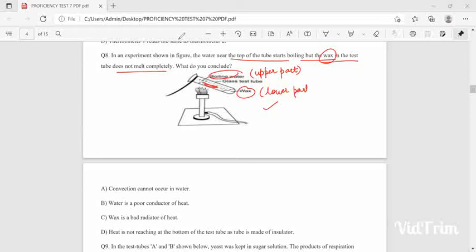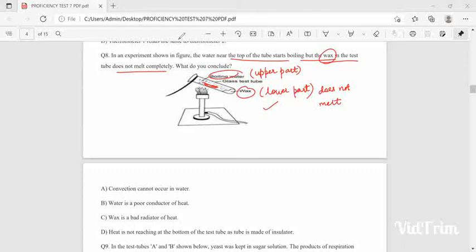Now the wax does not melt because the heat from the upper part of the tube has not reached its lower part. The heat of the boiling water which is present in the upper part of the tube has not reached the lower part, and that is the reason the wax does not melt.